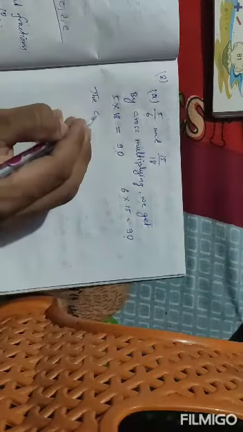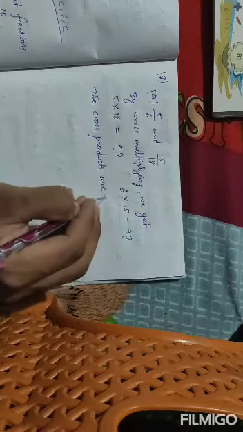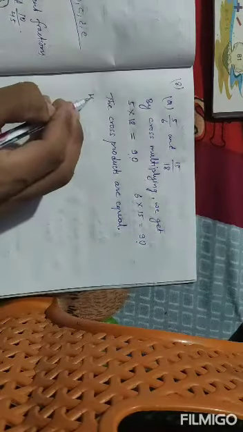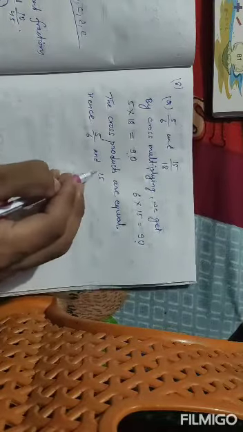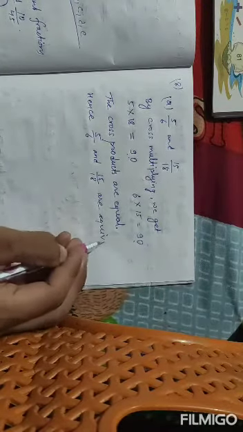The cross products are equal. Hence these two, 5 by 6 and 15 by 18, are equivalent. In this way you have to write.